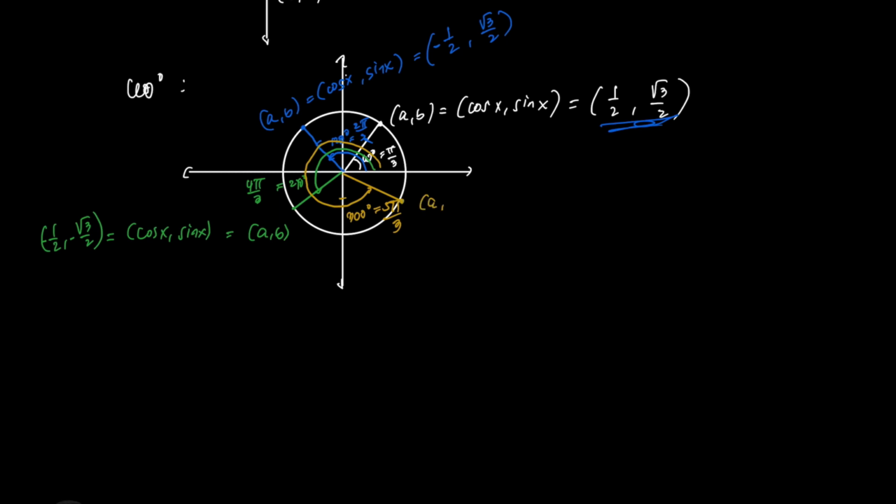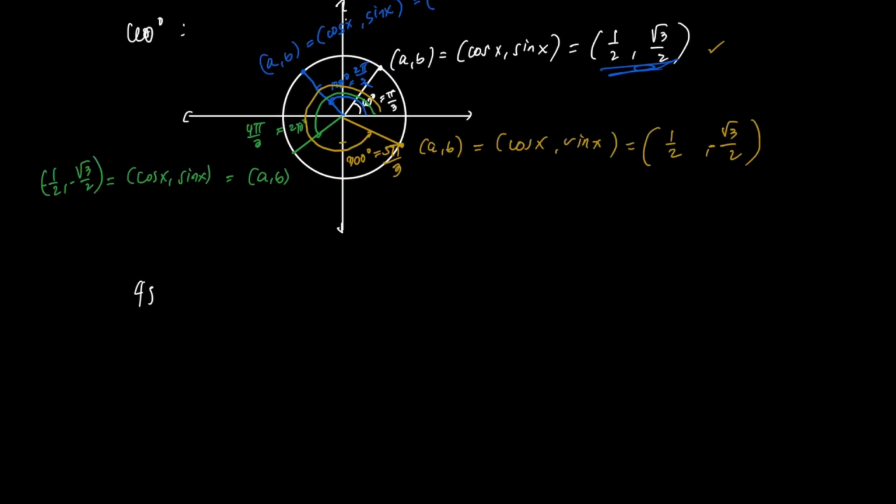So this point here, which is AB, that is still cosine x and sine x. Again, you can just copy this one, 1/2 and square root of 3 over 2. And then cosine in the fourth quadrant is positive, so that's 1/2, and sine in the fourth quadrant is negative.